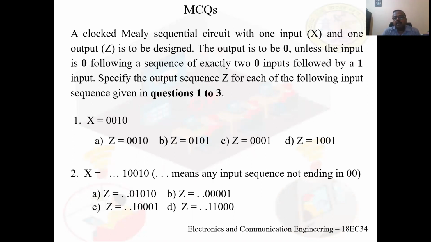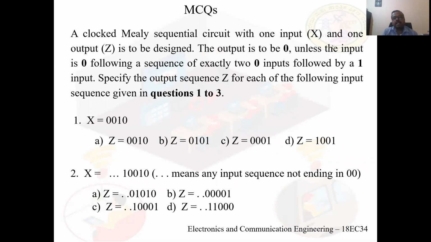The output is to be 0 unless the input is 0 following a sequence of exactly 2 0 inputs followed by a 1 input. Specify the output sequence Z for each of the following input sequences given in questions 1 to 3.